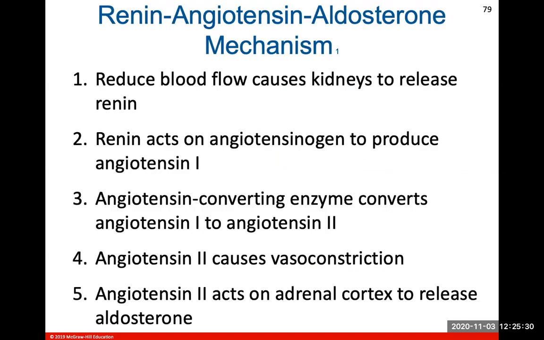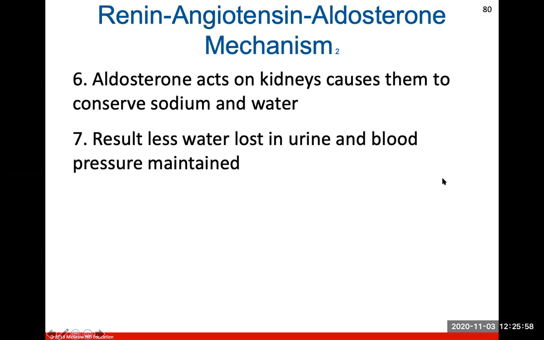Then the renin-angiotensin-aldosterone mechanism is caused when there's a drop in blood fluid or blood volume. It causes the kidneys to release renin. Renin acts on angiotensinogen to produce angiotensin 1. Angiotensin 1 gets converted to angiotensin 2, which will cause vasoconstriction of your blood vessels to try to increase blood pressure, and also acts on your adrenal cortex to release aldosterone to try to retain water to increase blood volume that way.